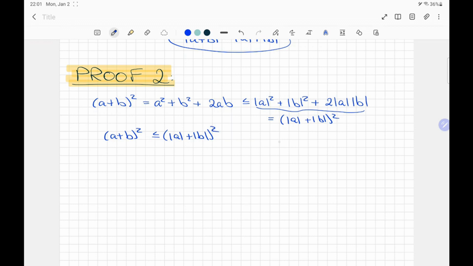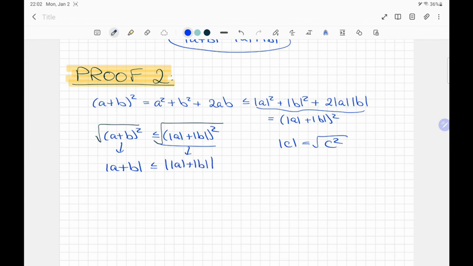Now, for the next step, we want to recall that the absolute value of some number, say c, can be obtained by taking the positive square root of c squared. So that means we can go ahead and take the square root on either side here and recognize that this square root is actually the absolute value of a plus b, whereas this one is equal to the absolute value of a plus the absolute value of b.